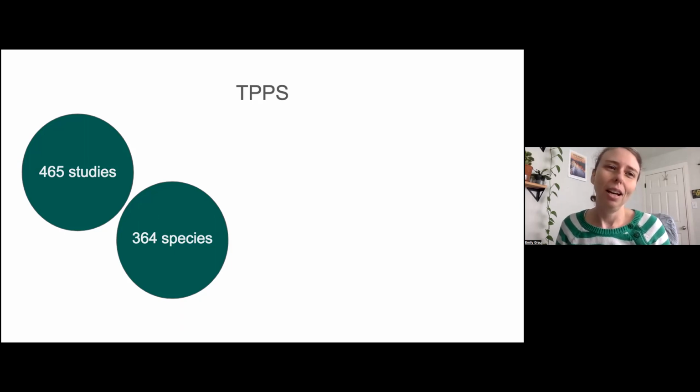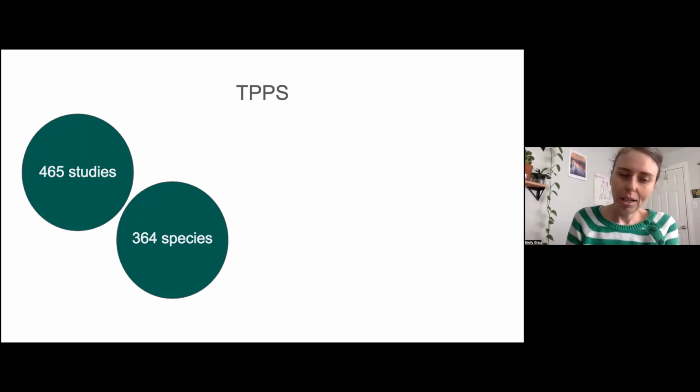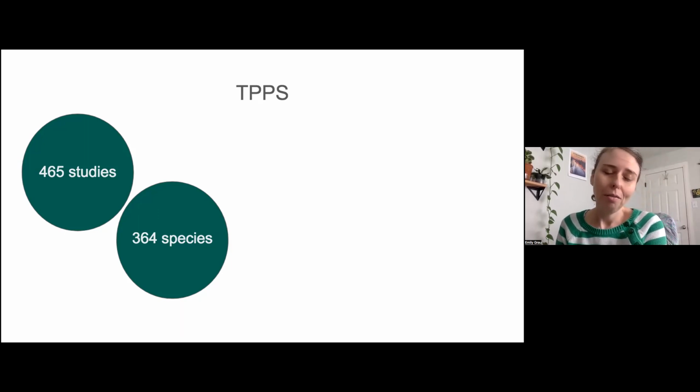But the undergrad team has done an amazing job curating and submitting these studies. So hundreds of studies and over 350 species are represented in these TIPS submissions, which is an incredible amount of variation, right?